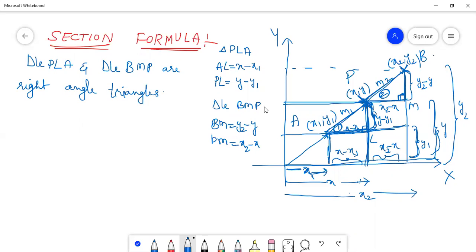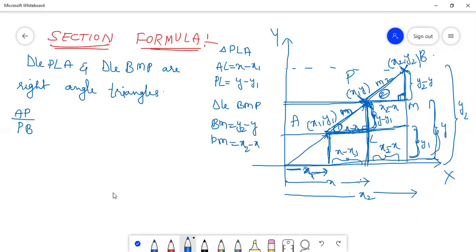Suppose P is the intersecting point, the section point on the line AB with the ratio of m1 and m2, that is AP distance by PB distance.